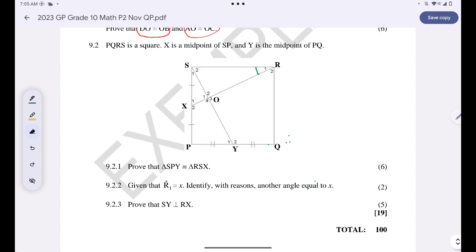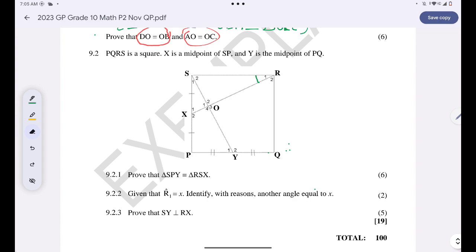Okay, please note that, guys, since I know that triangle RSX is a right angle triangle, I can also conclude that since R1 is x, angle X1 will be 90 degrees minus x. These are some of the angles of a triangle.